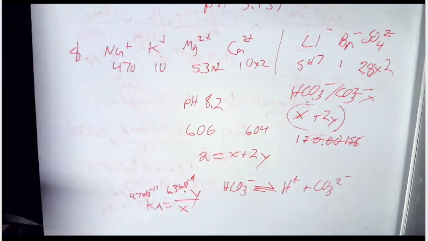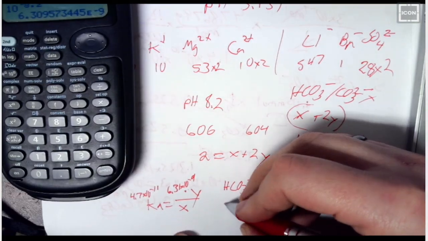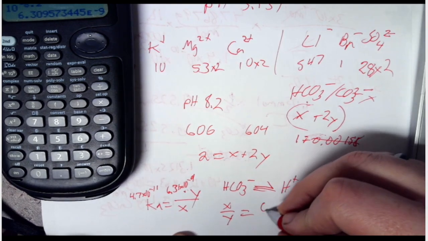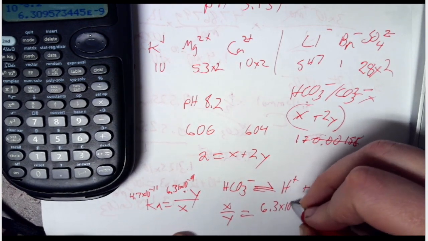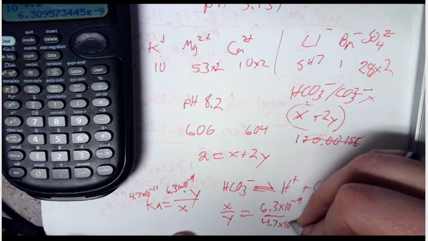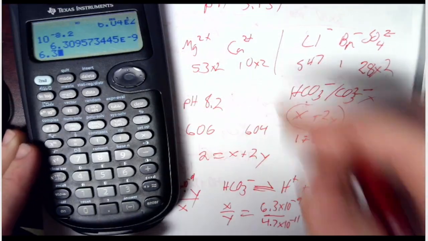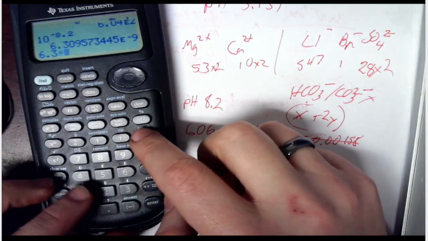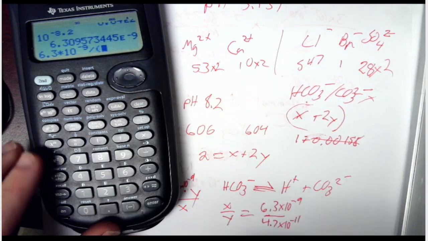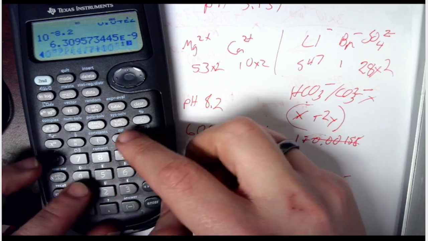4.7 times 10 to the negative 11th. So rearranging that, X over Y equals 6.3 times 10 to the negative 9th over 4.7 times 10 to the negative 11th.